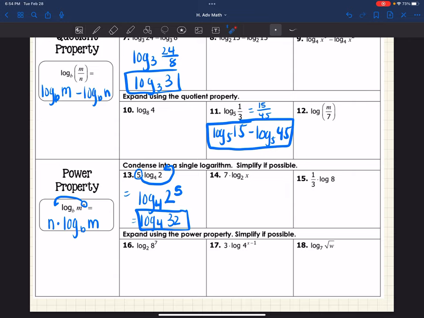However, you have to be careful because in this case, you already have something up in the front. So you're going to take this and drop it here, but you notice that there's already something there. So this will be 3 times x minus 1 log of 4, and then you just distribute out the 3. So it'll be 3x minus 3 times log of 4. And that is my expanded answer.